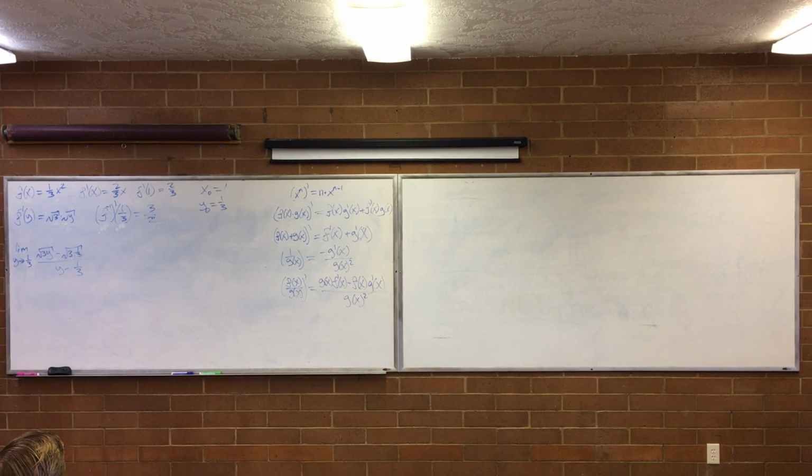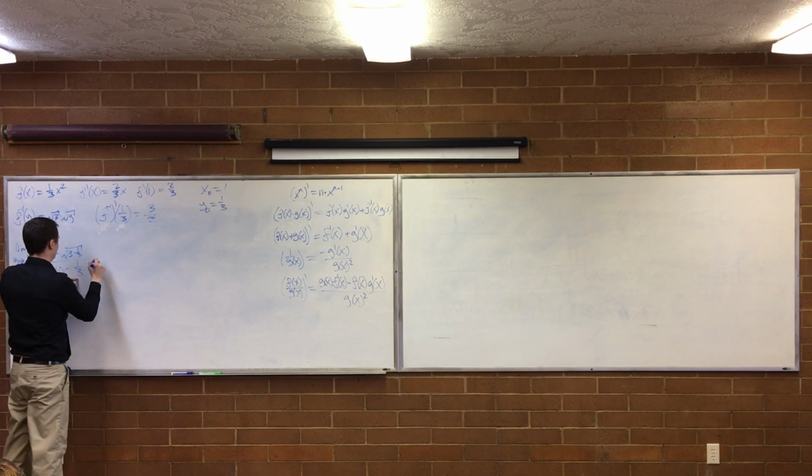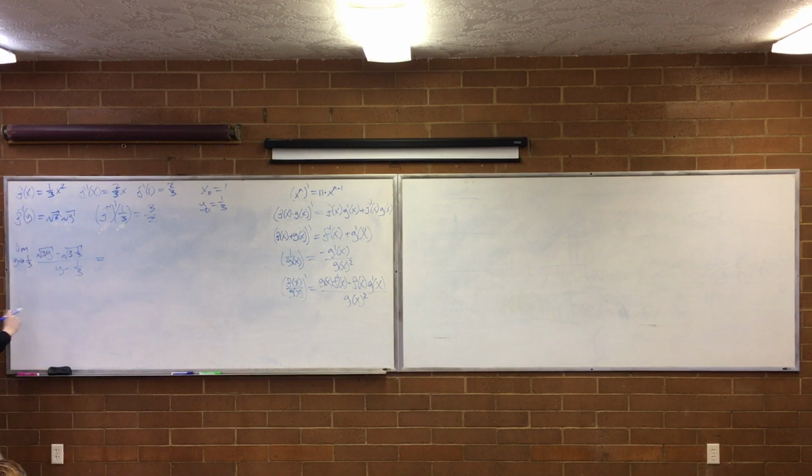Difference of squares. Yeah, we need to view this as a difference of squares. Well, before I do that, do you want to take out the constant in the top? Yeah, I'm going to pull the square root of 3 out of the whole thing. Square root of 3 is a constant. I can factor it out of the whole thing.